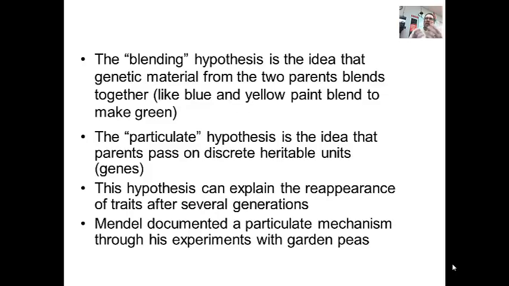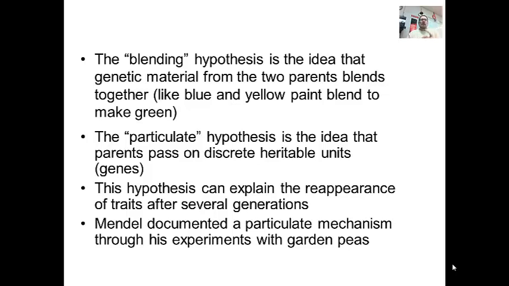The competing thoughts at the time were that you could have two methods of inheritance. One, the blending model, is that whatever genetic heritable traits you got from your parents, you were just a blend of them. You'll say, well, then how could traits skip a generation?